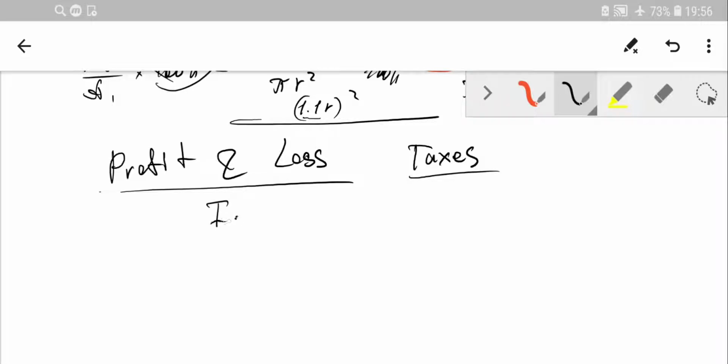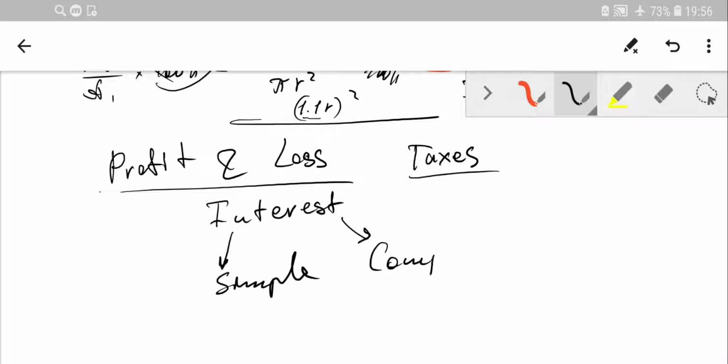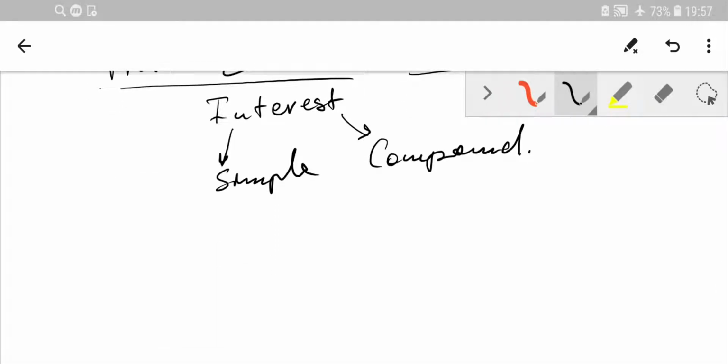We'll consider 2 types of interest rates, simple and compound. And we'll see how we can use the multiplier here, the keywords, and then we'll compare 2 ways of calculating interest using simple and compound rates.